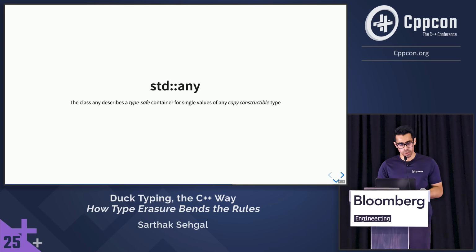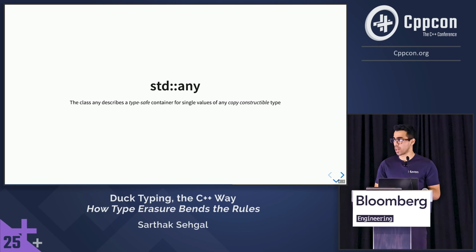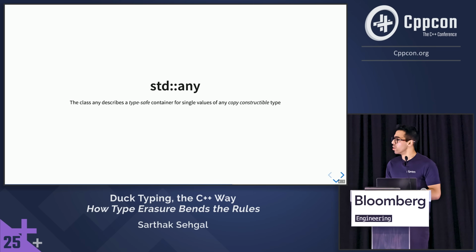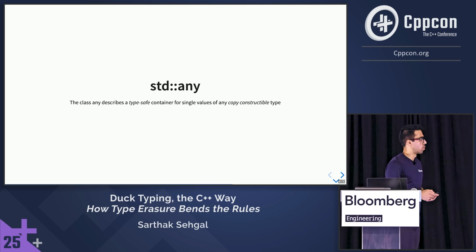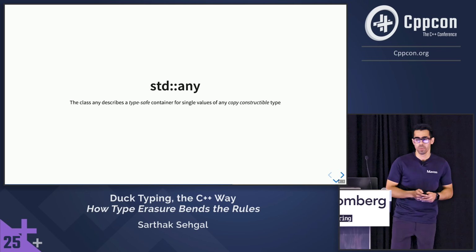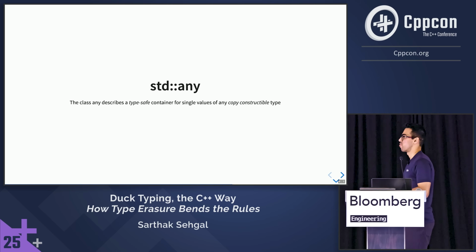The important things to note here are, one, it's a type-safe container. And two, it can store a value of any copy constructible type. So you could basically pass anything to a std any, and it's going to store it as long as it's copy constructible, but it's going to store it in a type-safe manner.